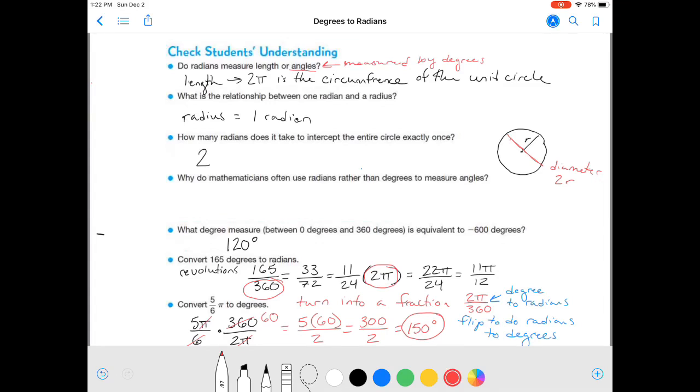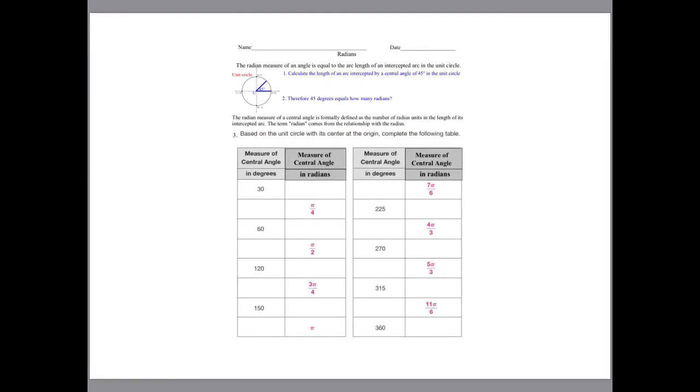Turn over to the back of your worksheet now. The radian measure of an angle is equal to the length of an intercepted arc in the unit circle. So let's find the intercepted arc of our unit circle when the angle is 45 degrees.